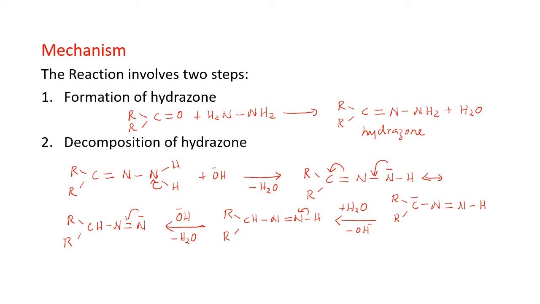And this intermediate eliminates a molecule of nitrogen and the resulting intermediate is R2CH minus, a carbanion, which exchanges a proton with water and we get the final product, alkane.